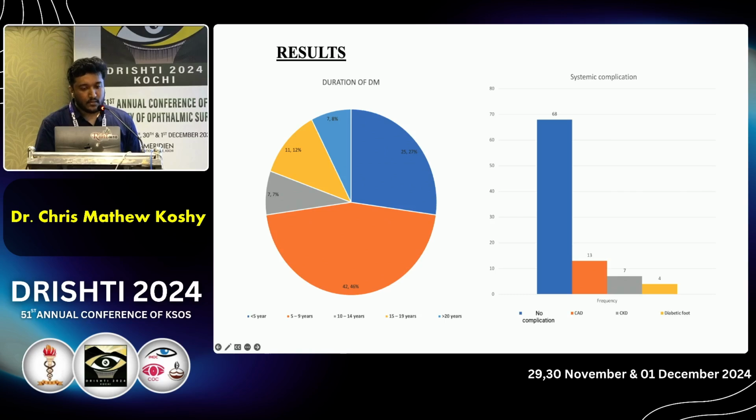27% had diabetes within the duration of 5 to 9 years, and for less than 5 years it is about 46%. 68 had no systemic complications of diabetes, 13 had history of coronary artery disease, 7 had chronic kidney disease, and 4 had history of diabetic foot.